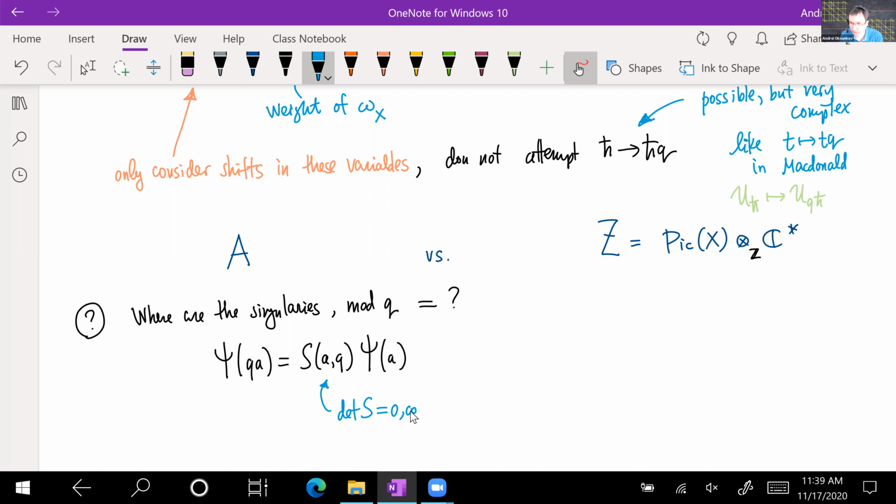So this means where the matrix is not in GLN. If it ceases to be regular or inverse is regular, then that means we have a singularity. So this is a singularity.